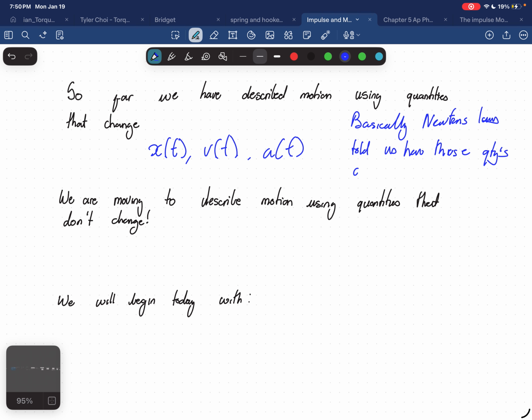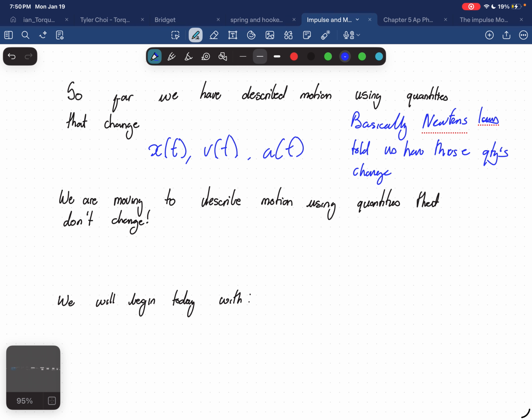So we use Newton's laws to explain to us why these quantities, position, velocity, and acceleration, looked the way they looked, so to say. Forces were the explanation of a change of motion, basically.